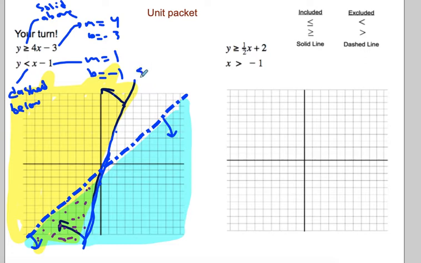I also said you could write it up there, so you could say this should be solid, this should be dashed, just in case you forget to erase it, or if you forget to draw a dash. That happens all the time. I'm okay if you want to go back in and write that in. This is line 1, this is line 2.